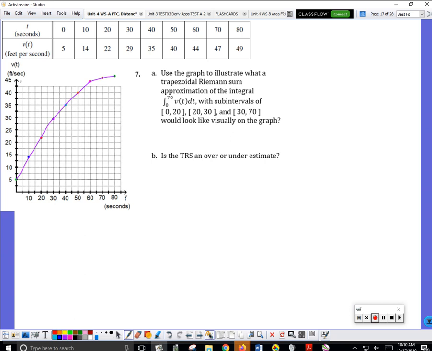Okay, it says use the graph to illustrate. You could put this as an experiment in jars. I'm not really that curious. I gotta be honest, I'm not that curious.